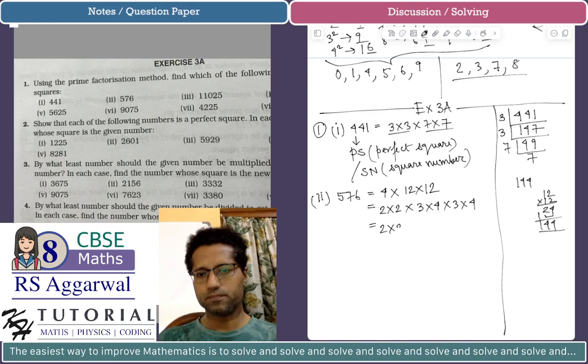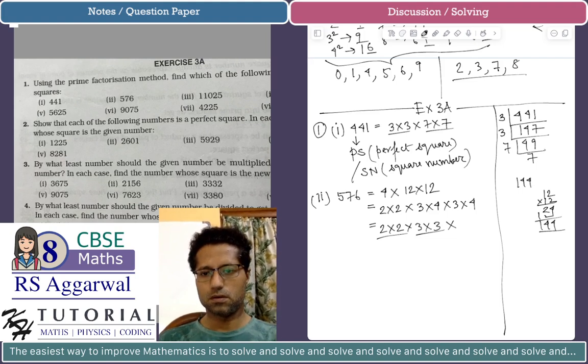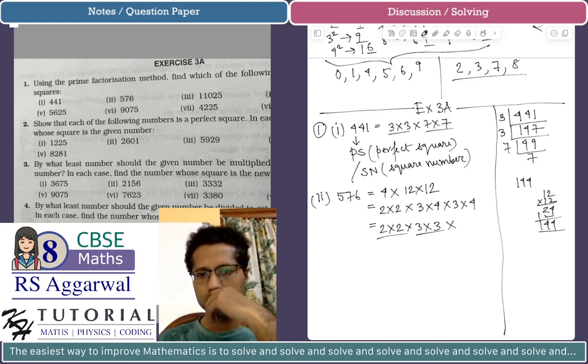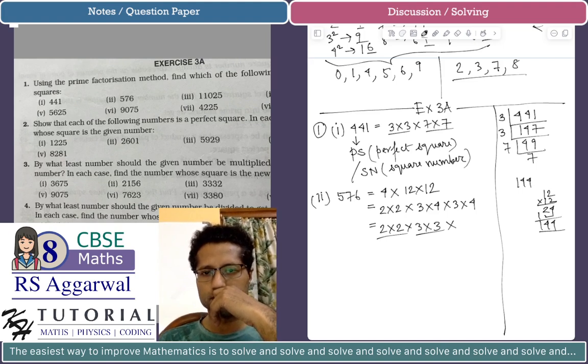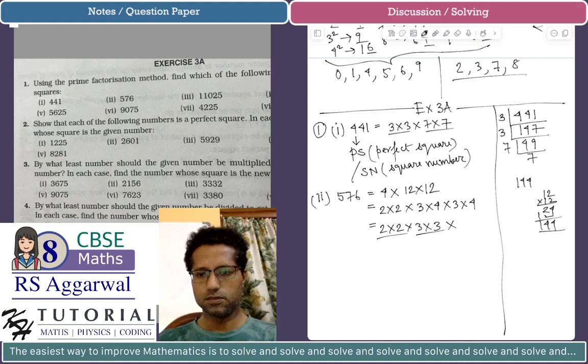2 into 2, 3 into 3 we can group together. Let's say we are grouping 2 into 2 together, and what is left behind is 4 into 4.